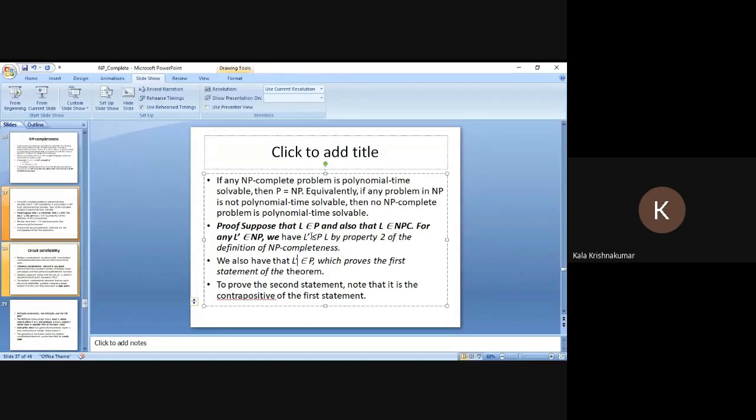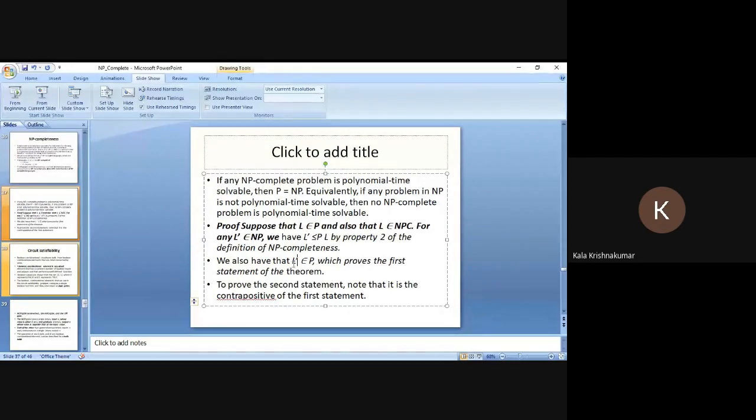So L is also element of P, and L dash is polynomial time reducible to L. So L is polynomial time solvable, and L dash will also be polynomial time solvable.